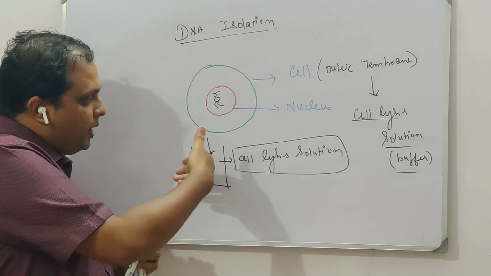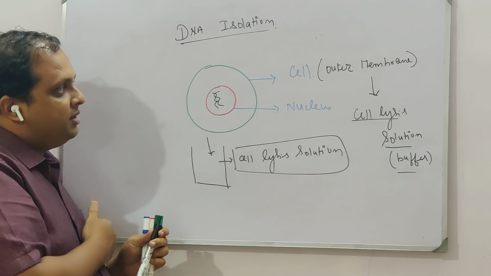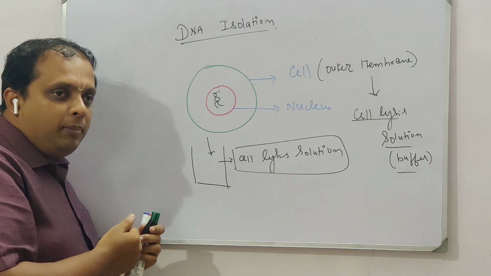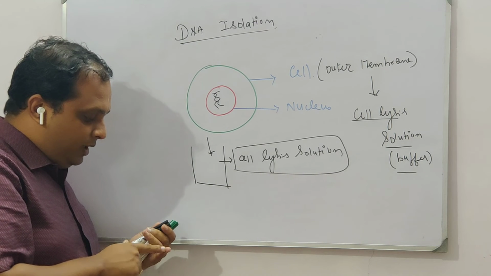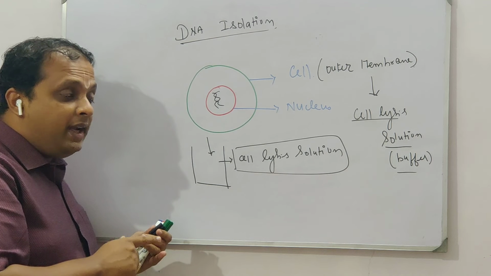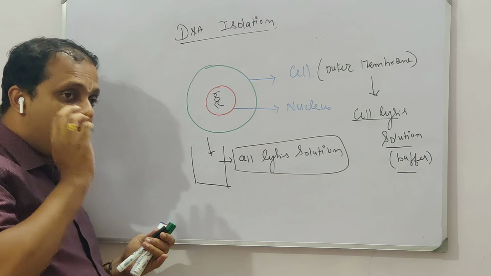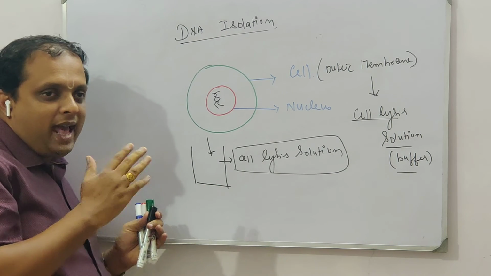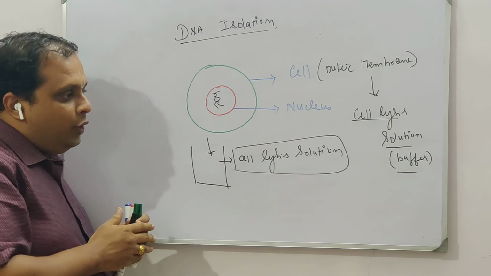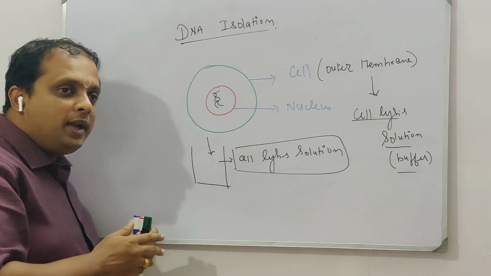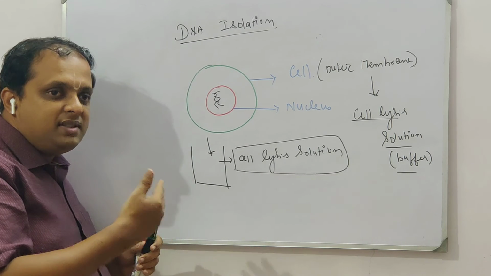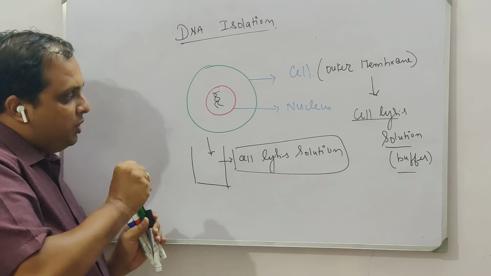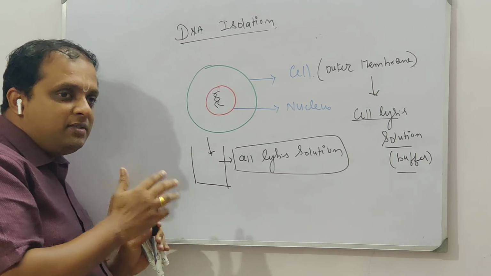So once you target this membrane, the DNA comes out. Our idea is not only to get the DNA, but also to get the DNA in a very intact form, because even a single nucleotide in the insulin gene inside the DNA should not get disturbed. So for that, pH maintenance is very much required.